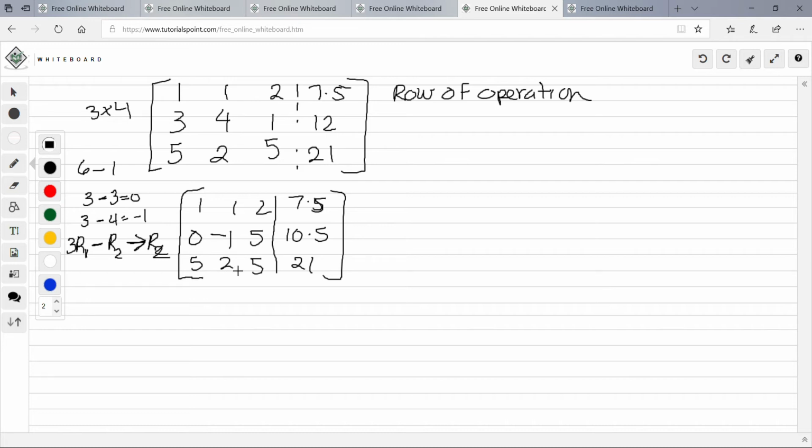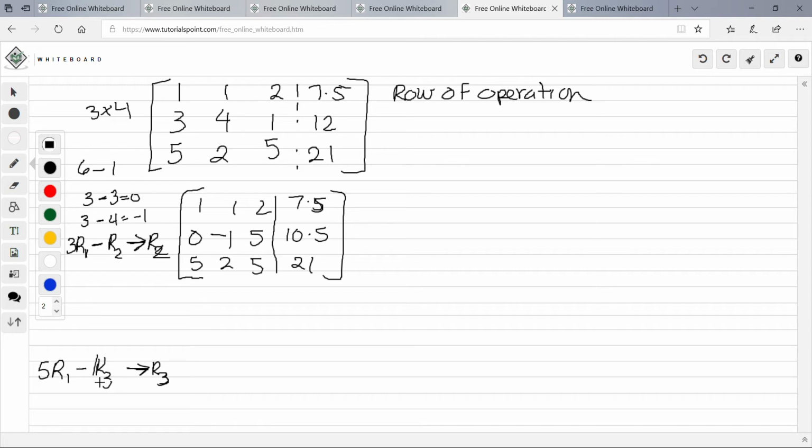So how can I get rid of this? I want to change this 5 to 0, so I'm going to have to manipulate row 3. So what can I do to get this to 0? I can do 5 times row 1 minus row 3.